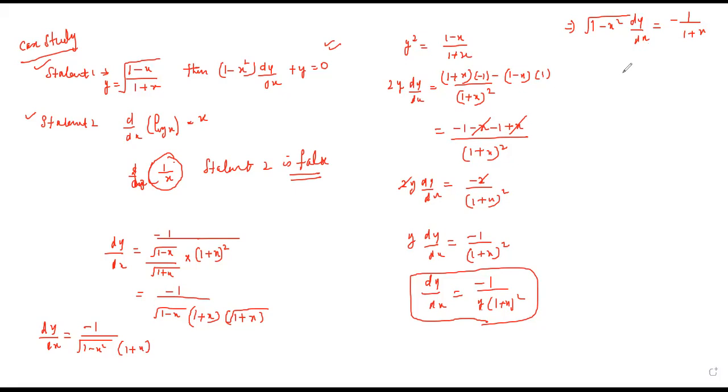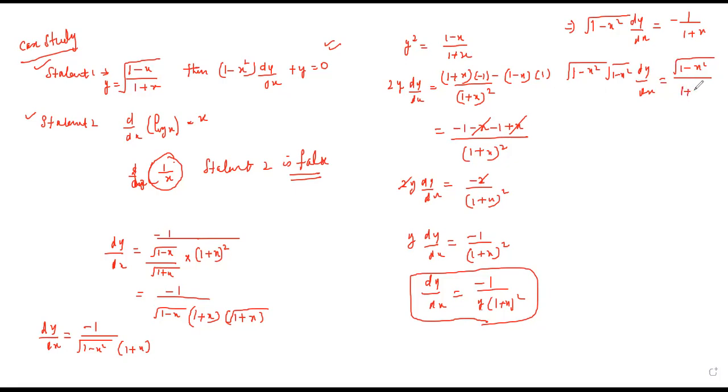Now, if I multiply under root (1 minus x square) on both sides, on this side dy by dx and here also under root (1 minus x square), then below we have 1 plus x.